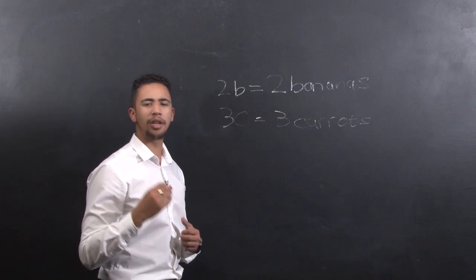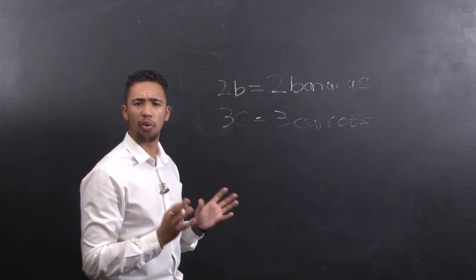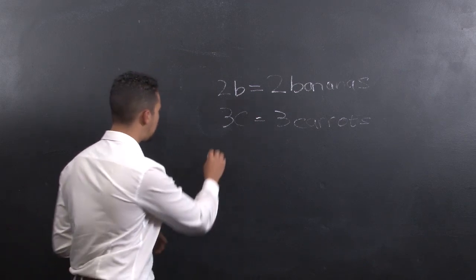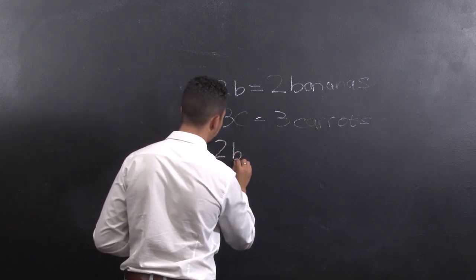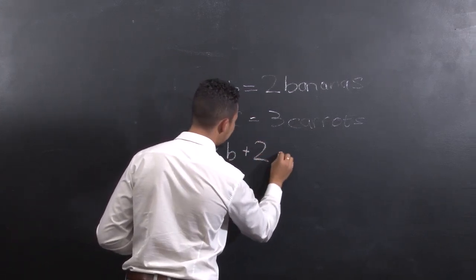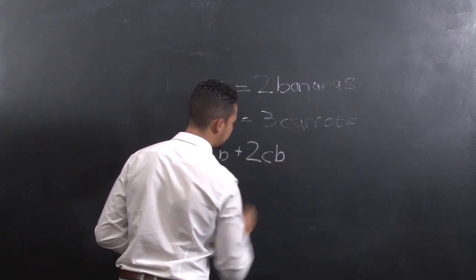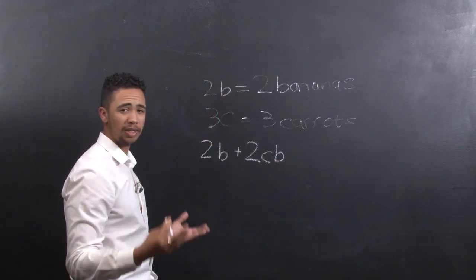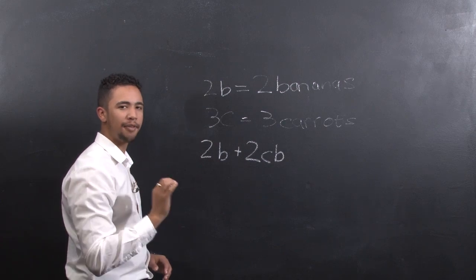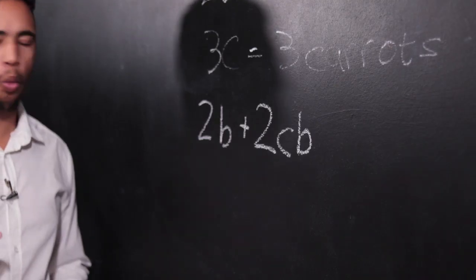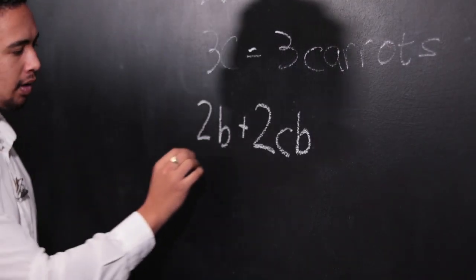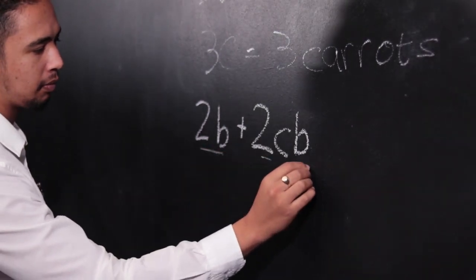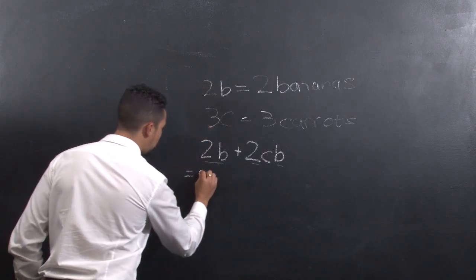Let's say we are given an example of a mixed equation. 2B plus 2CB. How do we work this out? We need to simplify this. So, what do they have in common? They have 2B in common. So let's remove 2B.